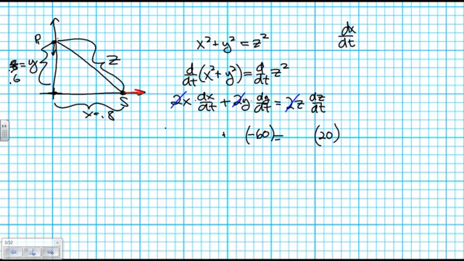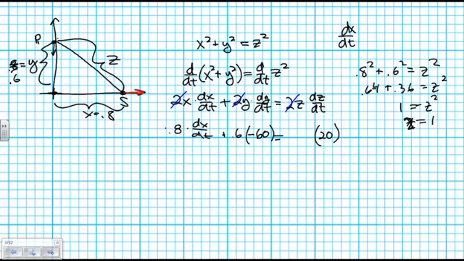I don't know what dx/dt is. x is going to be 6/10, and z is, let's see, 0.8 squared plus 0.6 squared is equal to z squared. 0.64 plus 0.36 is equal to z squared. 1 is equal to z squared. z is equal to 1.